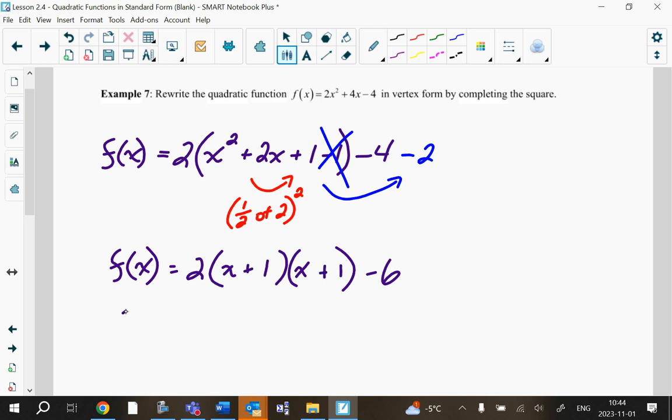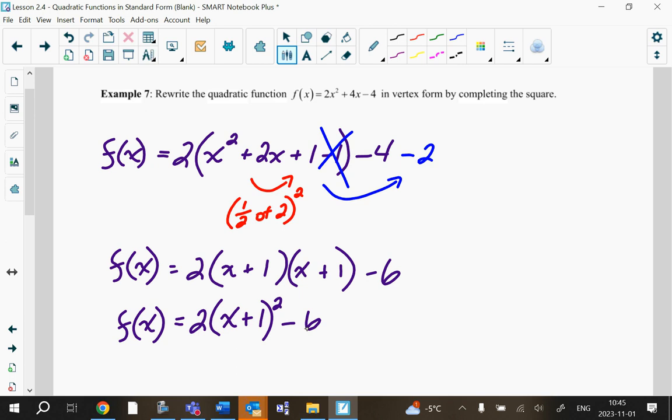And therefore, we can write it as 2 times (x plus 1) squared minus 6, and we've got ourselves vertex form.